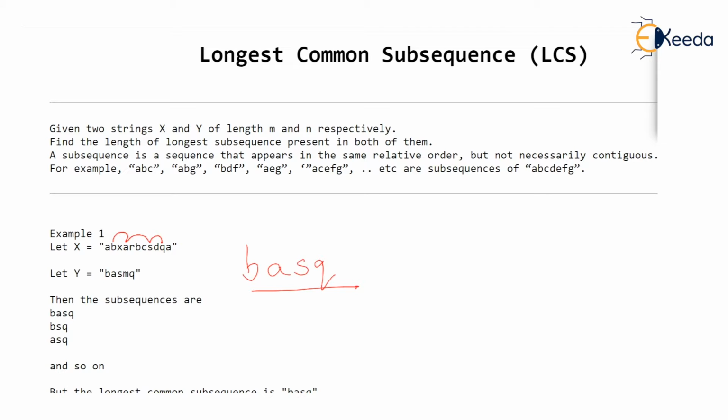Now, you see that when we are comparing Y with X, there is no restriction given that this first B should be matched with which letter of X. Last time, we matched this first letter B with the second letter of X. Of course, it was B, that's why. But how about saying that this first letter of Y, that is B, is matching with this B?